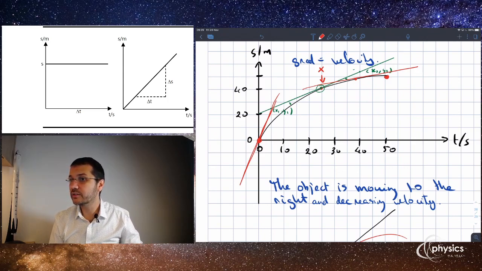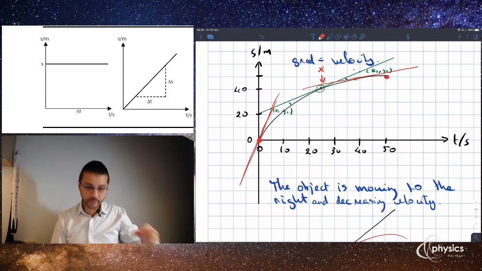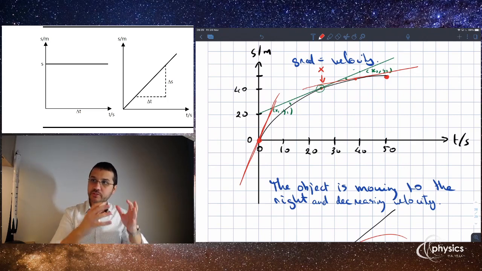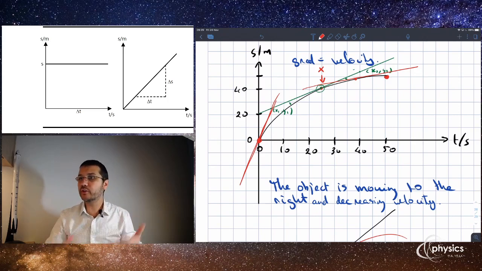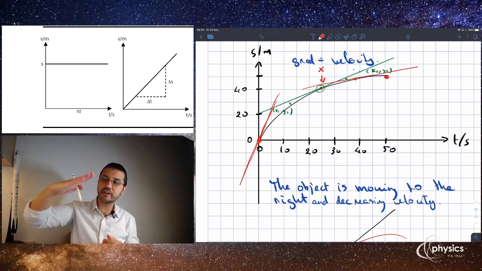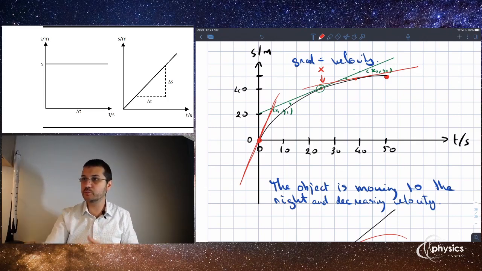No, it doesn't have a gradient 0. So this was a particular case where the problem started from a point where the velocity was not 0. In fact, the velocity is very large because the gradient at the beginning is steep, and then the gradient gets lower. So the velocity gets smaller.